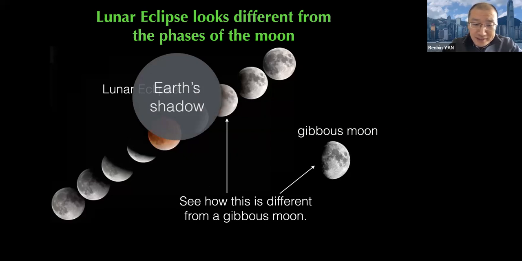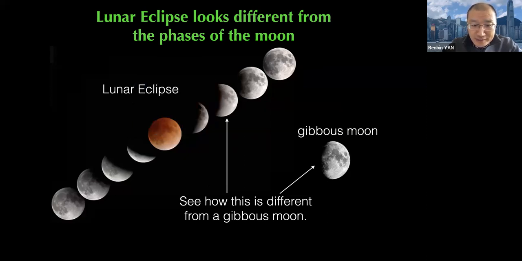The Earth's shadow is much bigger than the moon because our Earth is bigger than the moon, and its shadow, even though it is cast away from the Earth, is still bigger than the moon. And so you can see this curvature in these pictures. These are indeed part of a big circle that is telling you the shape of the Earth.